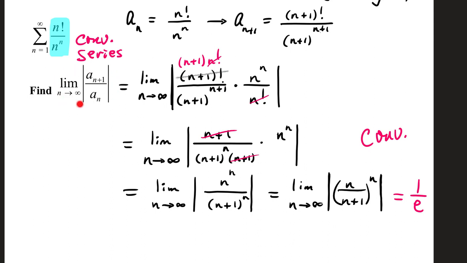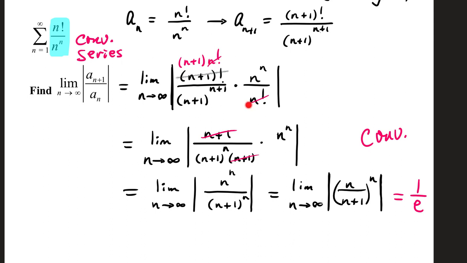Setting up our ratio test, we have the limit as n goes to infinity of our a sub n plus 1, that's (n plus 1) factorial over (n plus 1) to the n plus 1 power, times the reciprocal of our a sub n term, which is n to the n power over n factorial. (N plus 1) factorial can be rewritten as (n plus 1) times n factorial.